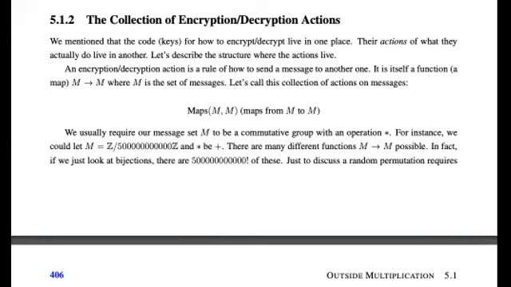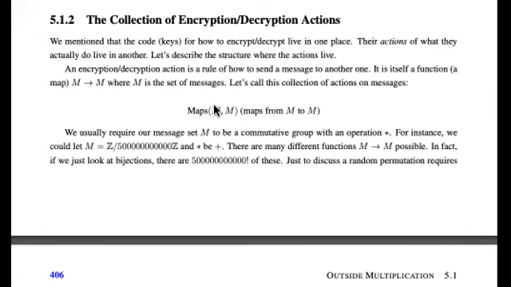Okay, so we're going to talk about what these actions are. And so we have a key over here, and that key is going to be sent to something. What is it going to do? It's going to send a message to an encrypted form of the message.